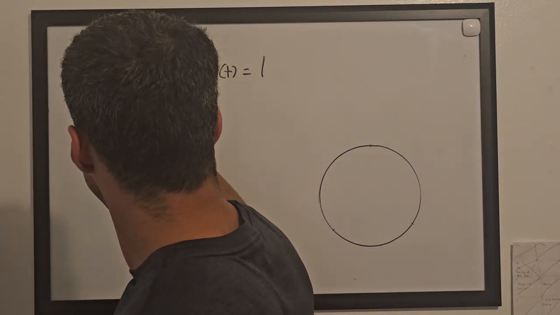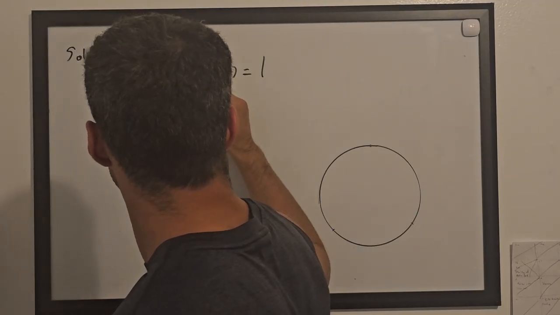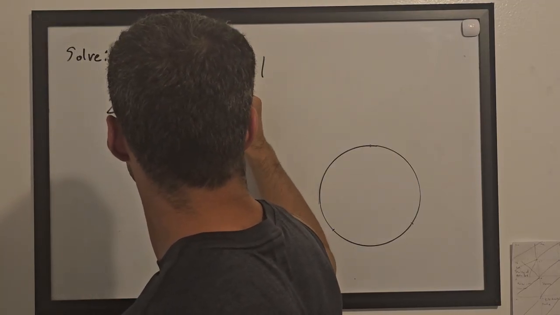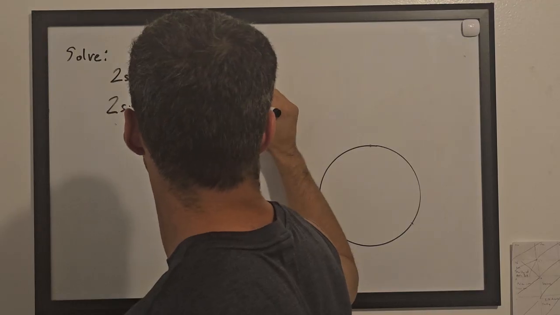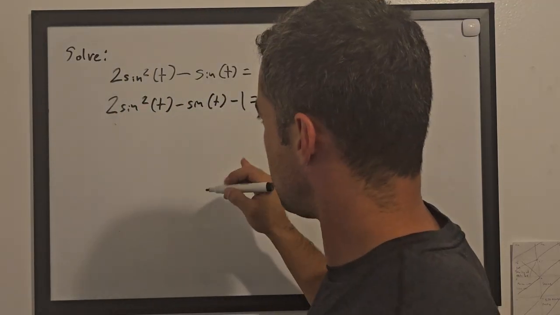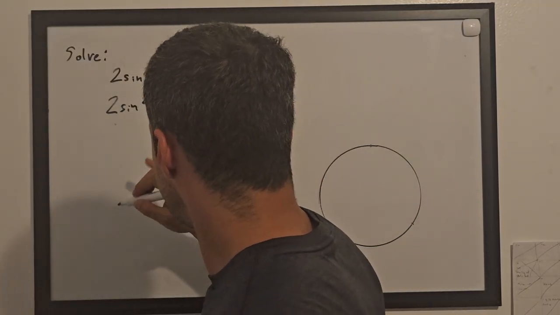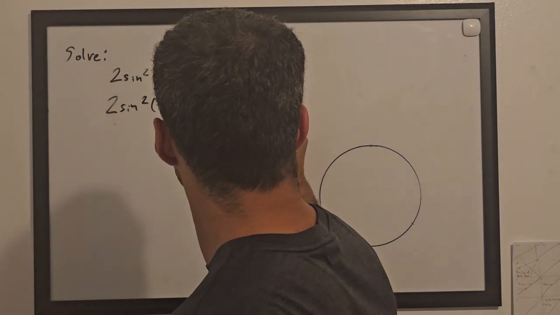So we have 2 sin squared angle t, sin angle t minus 1 equals 0. And from here, let's factor out, or rather find its factors.